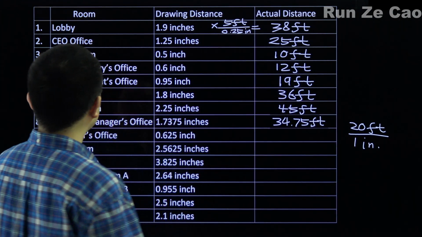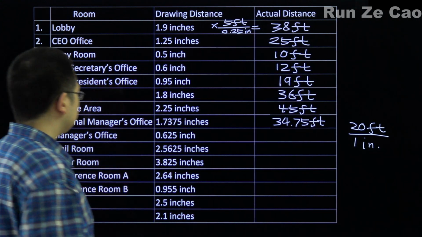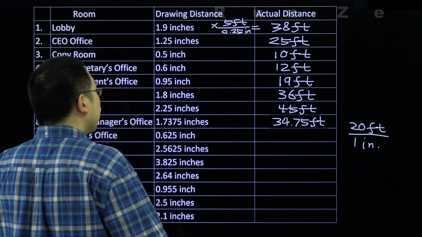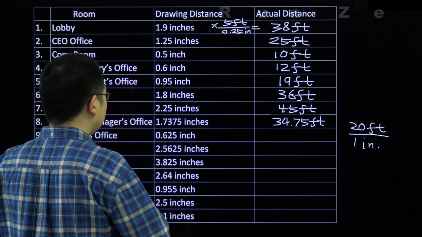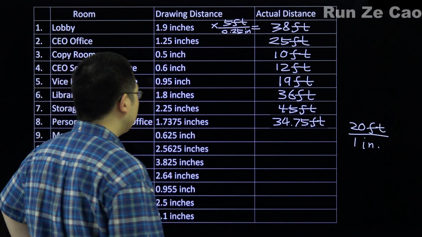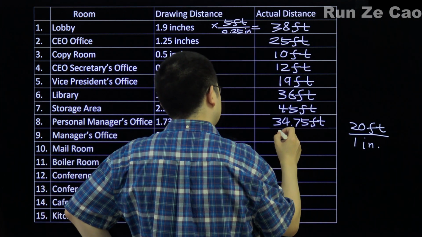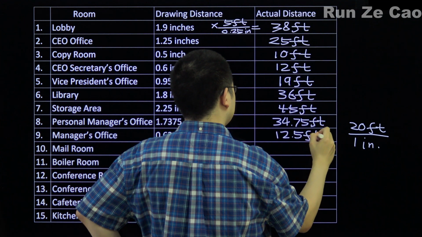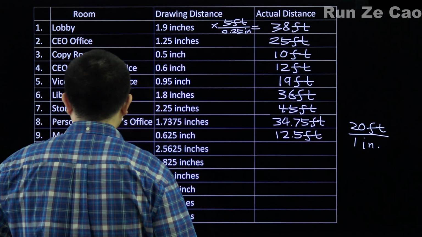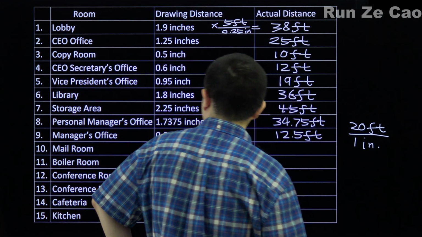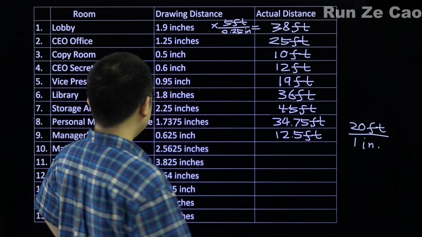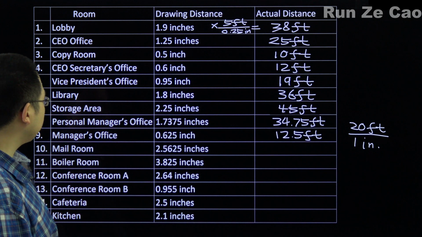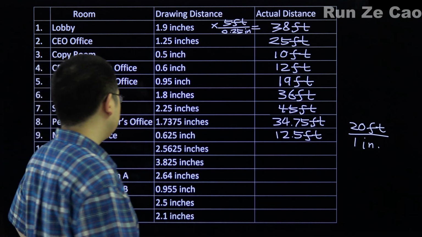Okay, then what about the manager's office? It's 0.625 inches. And 20 feet per 1 inch, that's 6.25 times 2, or 12.5 feet. The mail room, 2.5625 inches, times 20 feet per inch, that's 25.625 times 2.